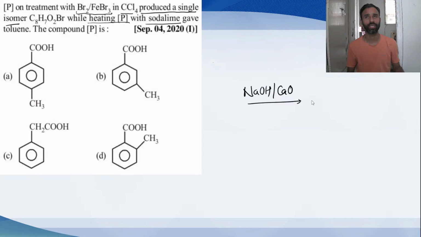A decarboxylation reaction takes place and we get toluene. So to get toluene, it is obviously this product, because when it is treated with Br2 in FeBr3, we get the meta product.